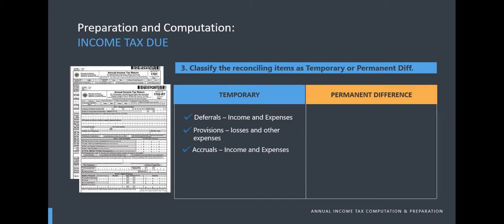So, since these are just mere estimates, accruals are basically based on the historical data the company or the taxpayer has. So let's say, for example, previously in the month of January, they have 100,000 expense. Lapit na lang tayo sa November. In the month of November, they have 100,000 expense.